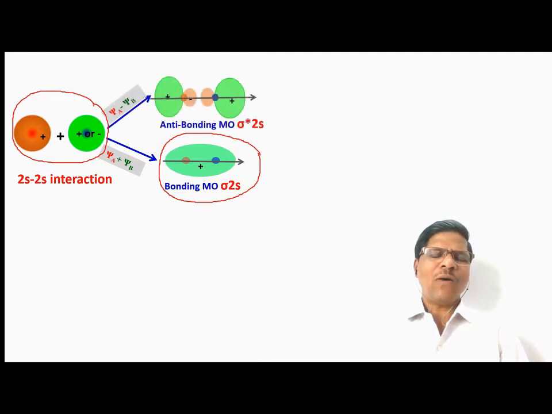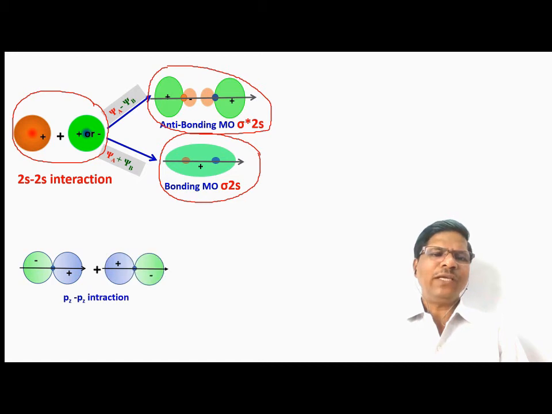While we have the out of phase interaction, psi A minus psi B, this will result in the antibonding type of interaction and it will form the sigma star 2s antibonding molecular orbital.